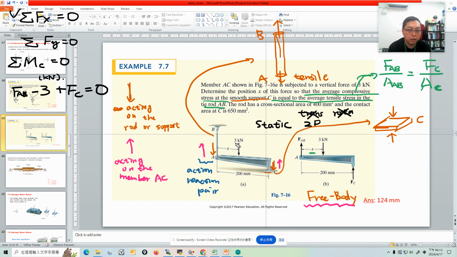Also the total moment of the system is 0, so we use C as the reference point.